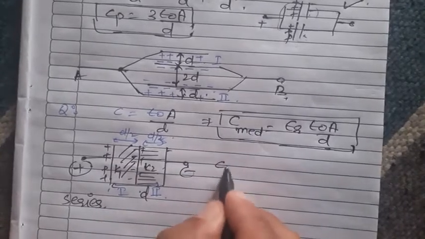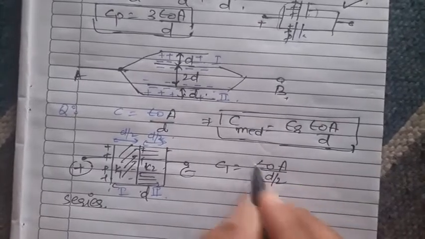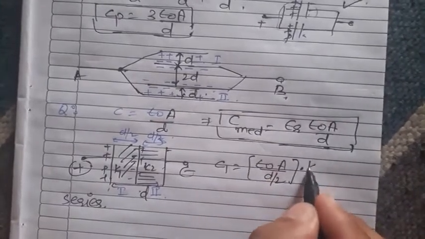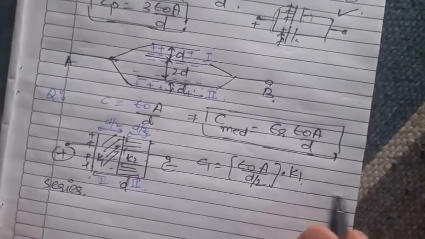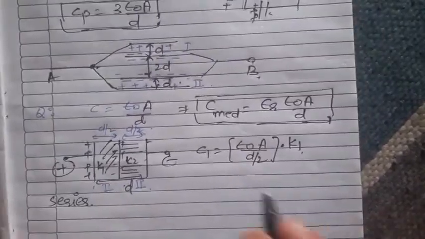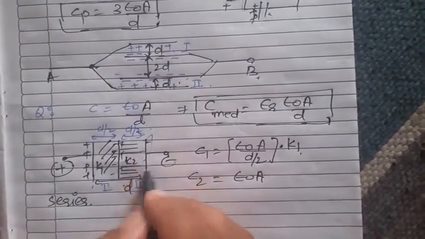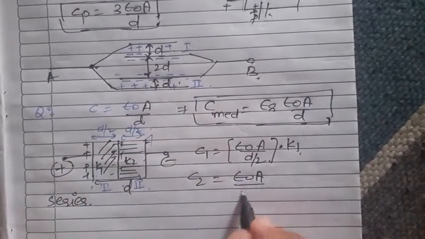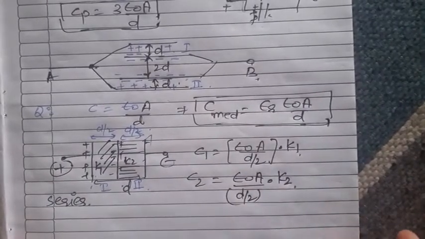Now for C1, the answer will be epsilon naught A, with distance d by 2, but filled with the dielectric, so multiply by epsilon r, or we can say K1. In a similar way the second is filled with K2. The area of the plate is the same, but there is a change in distance, and multiply by the dielectric constant.